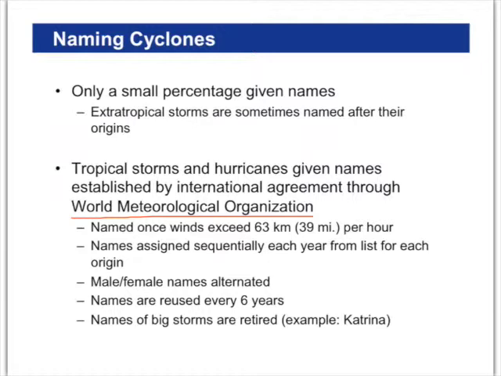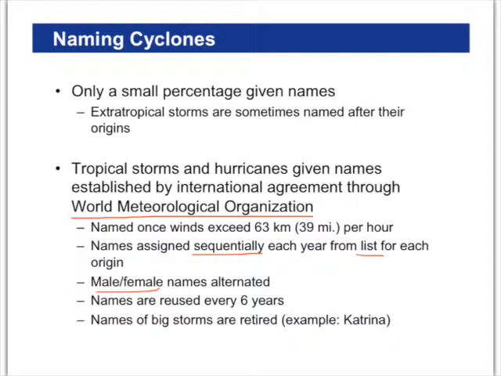All right, so once the wind speeds exceed 63 kilometers per hour, or 39 miles per hour, then it's given a name. Names are given sequentially and alphabetically each year from the list that they create ahead of time, and they do use male and female names right now, even though it used to be just female back in the 60s and 70s and early 80s.